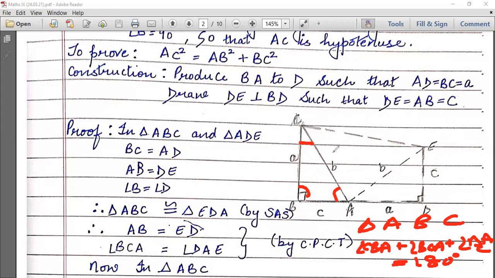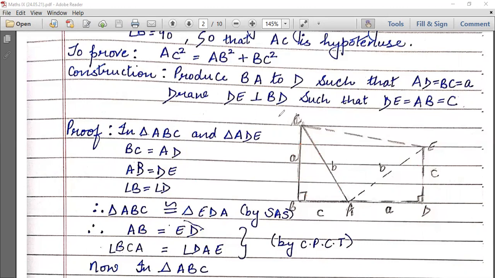Okay, the angle sum property, the sum of all the three angles is equal to 180. So now children, if one is 90, the sum of these two angles is also equal to 90. So from here, what we get is that angle BCA and angle BAC is equal to 90 degree. Okay, so the sum of this and this is equal to 90 degree.